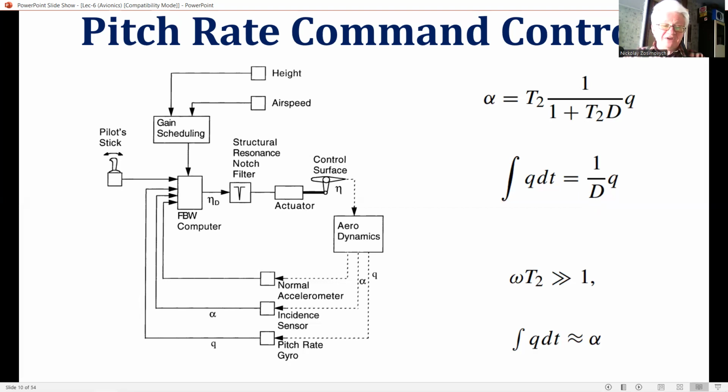And this has the advantages of eliminating steady state following error and enabling the pilot to change the pitch attitude easily. But it should be noted that as far as the loop stability is concerned, there is no difference between placing the stabilizing transfer function in the pitch rate error path as opposed to the pitch rate feedback path.